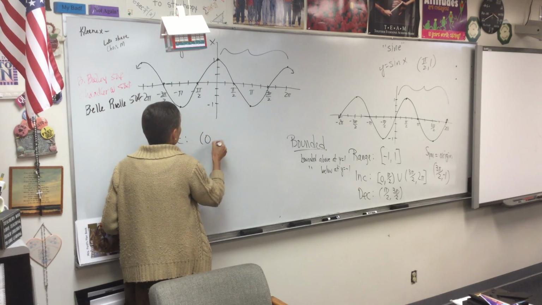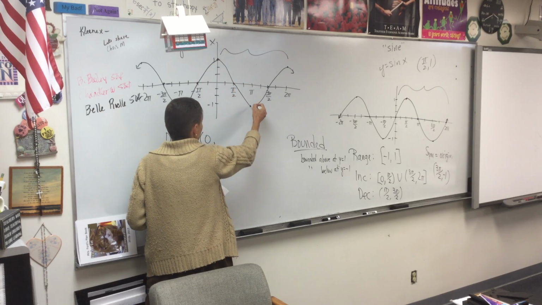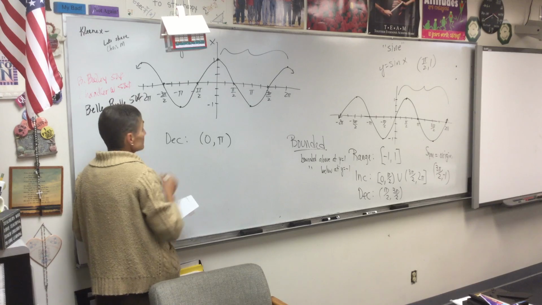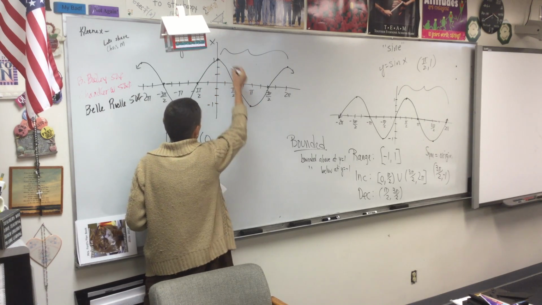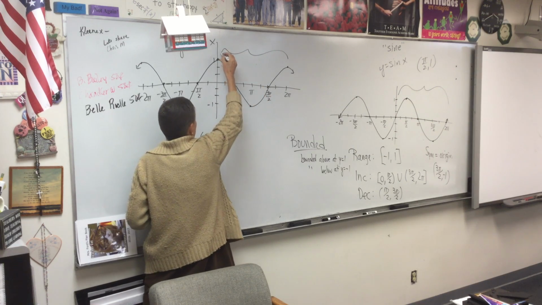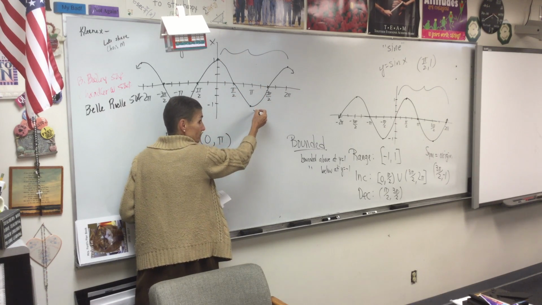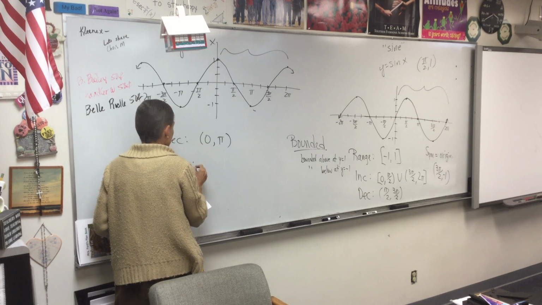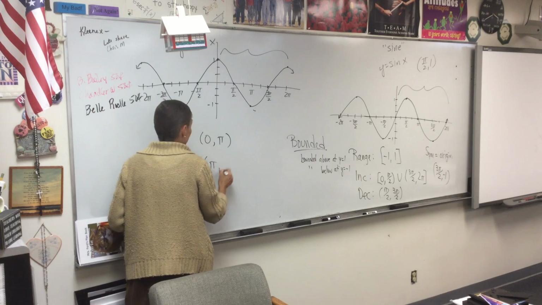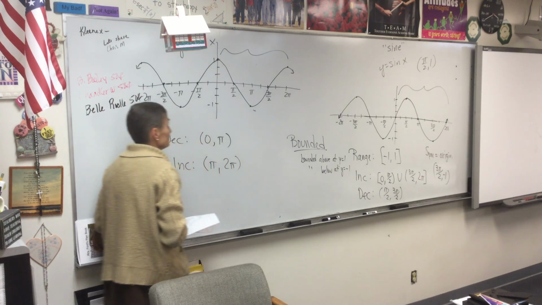From 0 all the way to pi? Isn't my pencil going down? If I look at this part from 0 to 2 pi, that stretch right there, is that where my pencil's going down? And then where am I increasing? From pi to 2 pi. That's right.